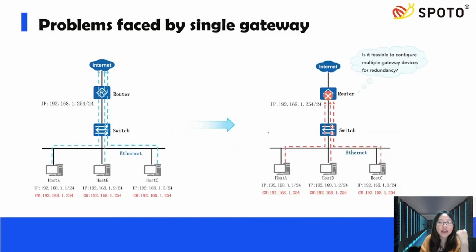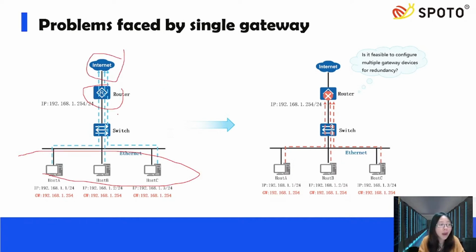As shown in the figure, let's continue to talk about VRRP. You can see the host uses a router as the gateway to access the internet.